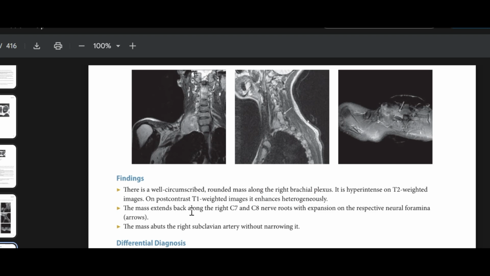The mass extends back along the right C7 and C8 nerve roots with expansion of the neural foramina.